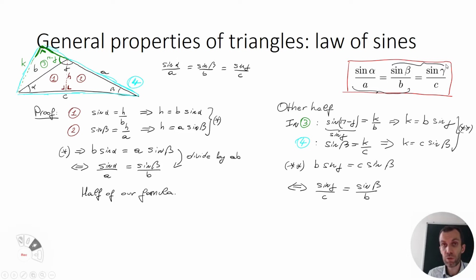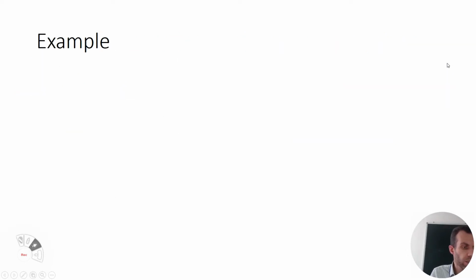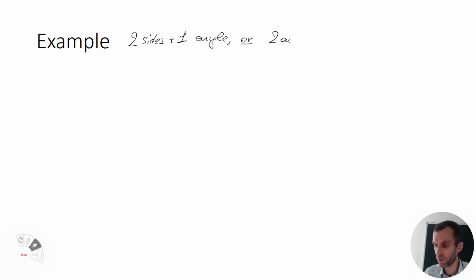Let's use it to compute something. We're going to work through a couple of problems, and in each case these are problems of the form where you have two sides plus one angle, or you have two angles and one side, and you want to find the rest.